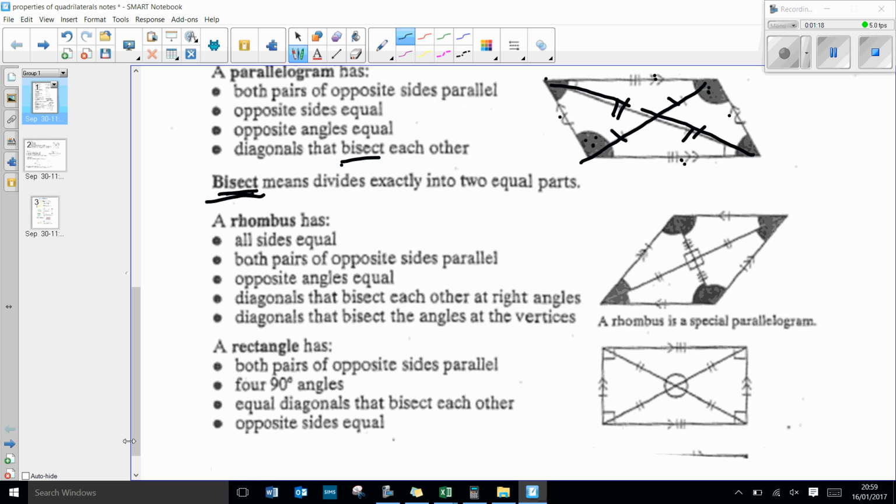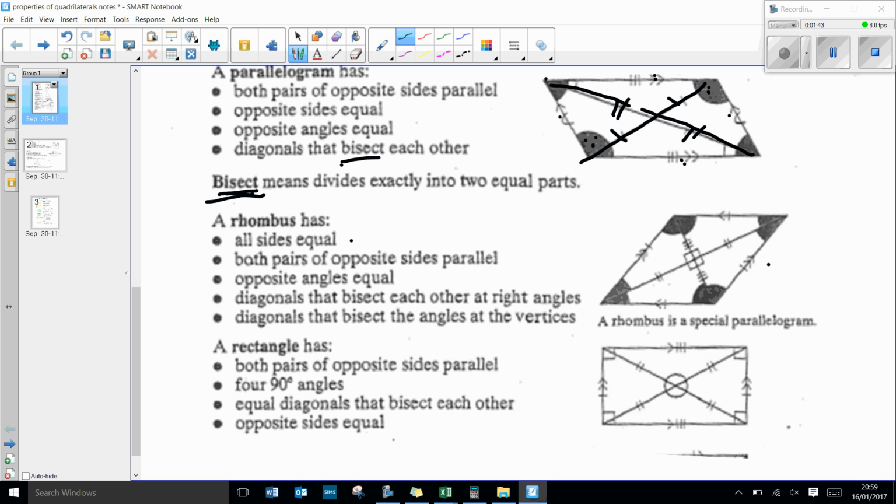A rhombus. A rhombus is a wonky square. So a rhombus has all sides equal. Both pairs of opposite sides are parallel. And so if we were trying to decide or connect the two, a rhombus does fit each of the criteria for a parallelogram.